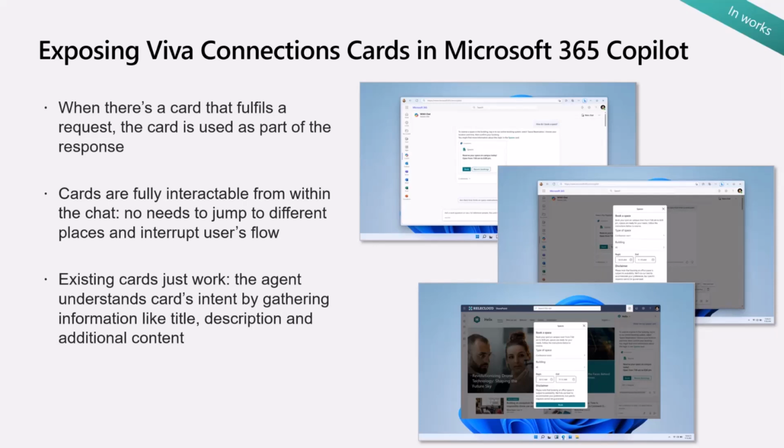We are doing additional work to surface more capabilities for the developers and the operator to specify the intent further. But for now, we are just using title and description so that existing cards will just work, no additional work needed. And just to recap, this is for if you are investing in Viva Connections, the employee experiences platform.